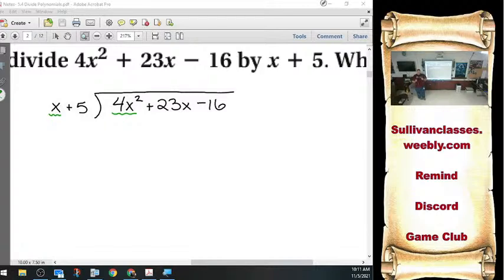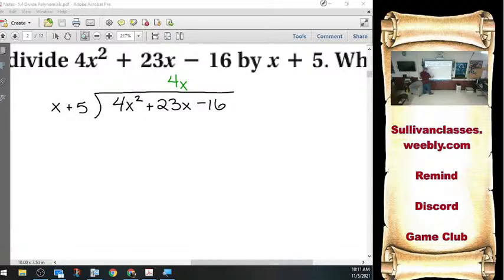So if 4x squared divided by x is 4x, where should I be writing 4x? On top, above the x term, right? You always kept your place values lined up, so I will keep my variables and like terms lined up. Oh, we're getting there.